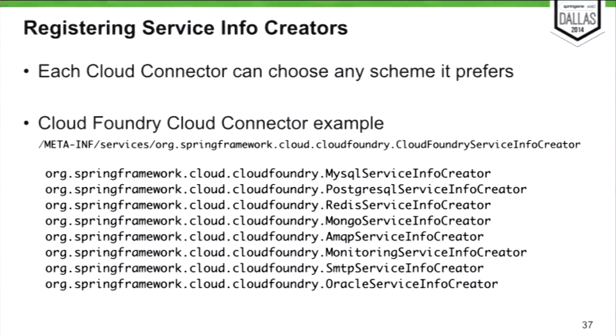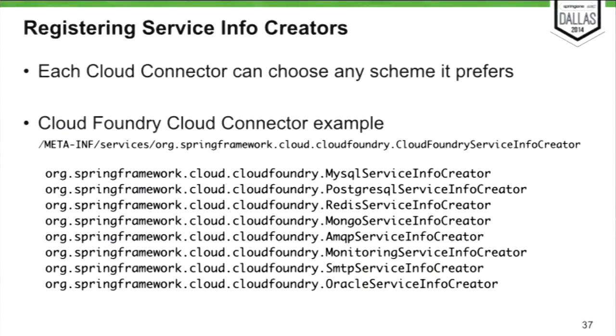Exactly that. So the question is, why is their name Cloud Foundry Service Info Creator in that meta-inf services line? And you can answer your own question right there at the very end. So this is being read by the Cloud Foundry connector inside of Spring Cloud. So the Cloud Foundry connector is going to go look for this Cloud Foundry Service Info Creator file and register any service info creators that know how to parse from VCAP services into a service info object.